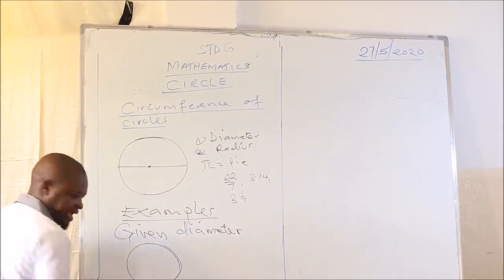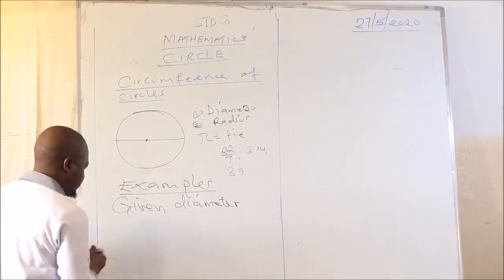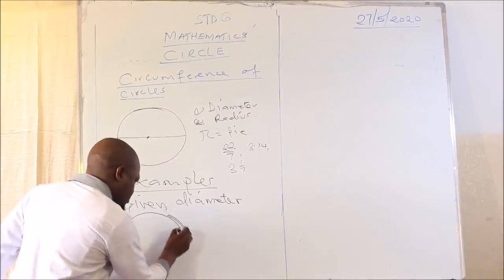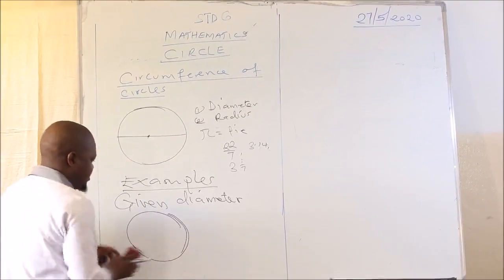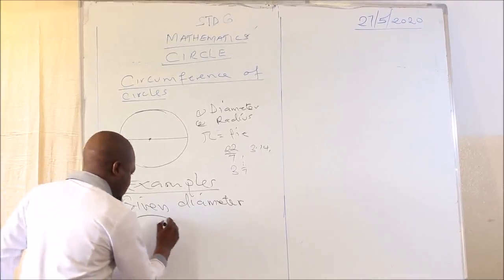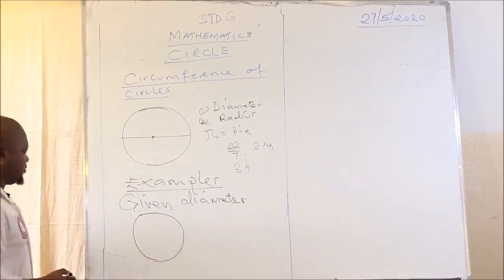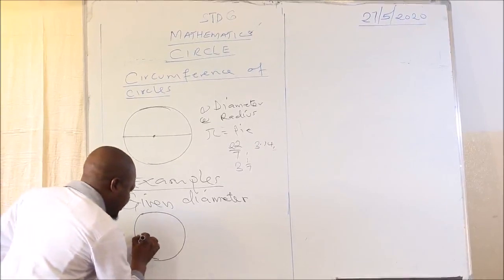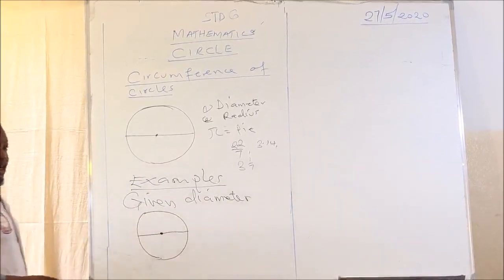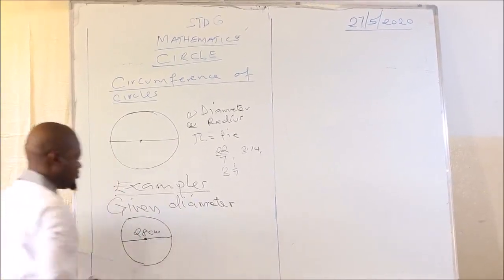This is an example of a circle. Then we are given the diameter, and we are told that the diameter is 28 centimeters.